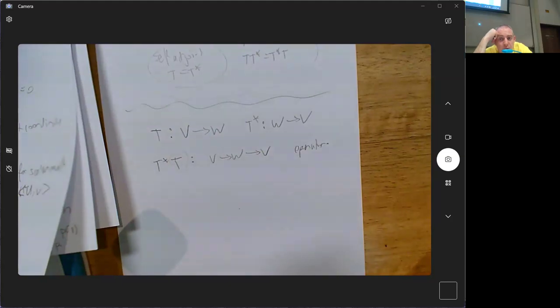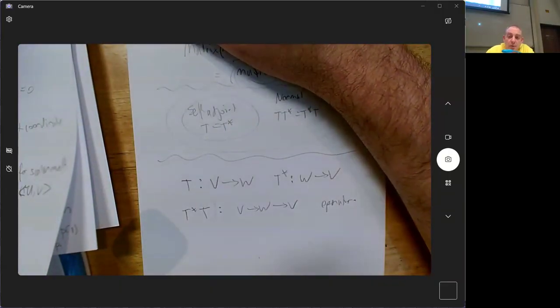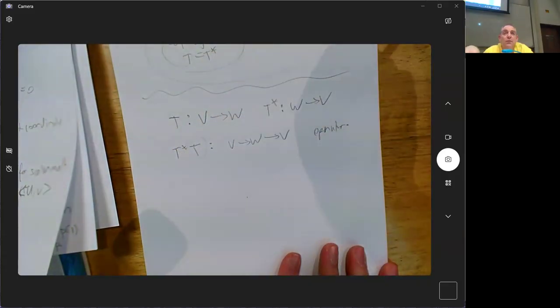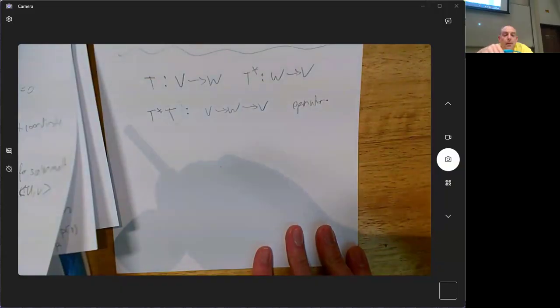Suppose that singular values are the non-negative square roots of the eigenvalues listed in decreasing order, each included as many times as the dimension of the corresponding eigenspace of T star T. So because T star T is a positive operator, I think that's going to cause it to have eigenvalues that are all positive, and it's also self-adjoint.